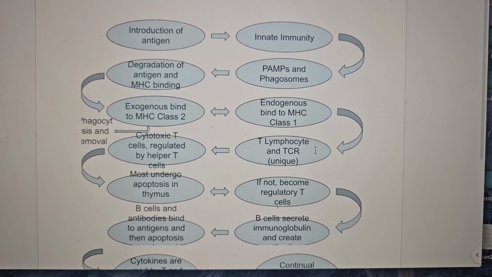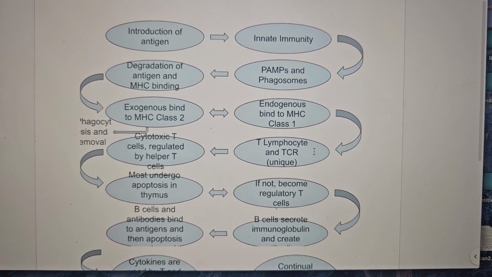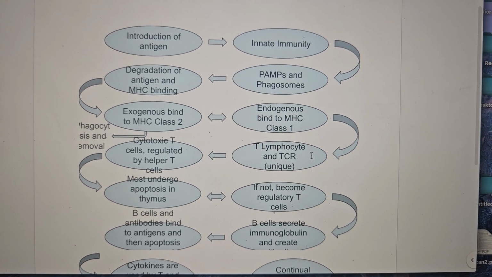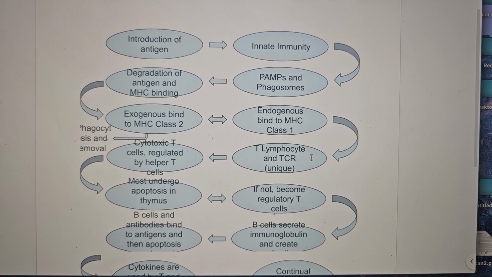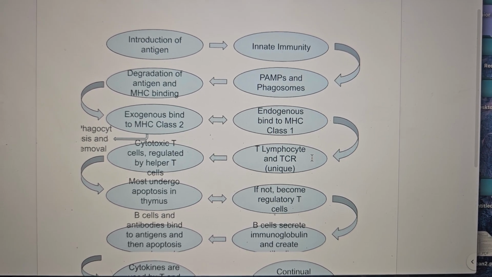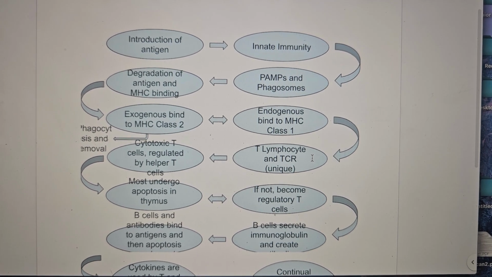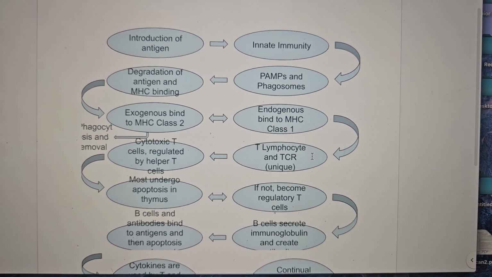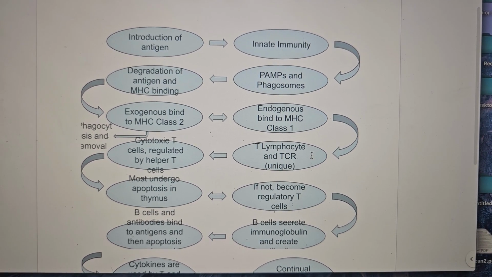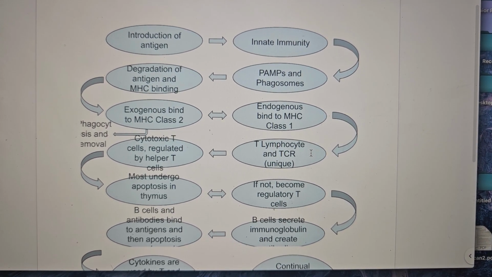If it goes through MHC class 1, then the T lymphocytes are used. Those are created through the lymph nodes or the lymph system, and the TCR, which is the T cell receptor, is very unique for each T cell and is only able to find and attach to one antigen.